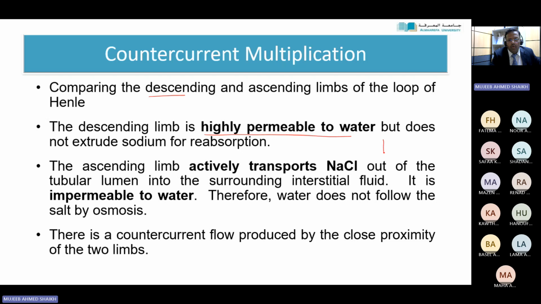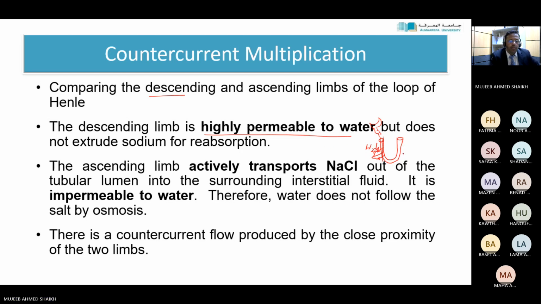We are talking about the loop of Henle. Here is the glomerulus and here is the proximal convoluted tubule, and then the descending limb will come. So here water is extremely permeable. It can be reabsorbed easily.